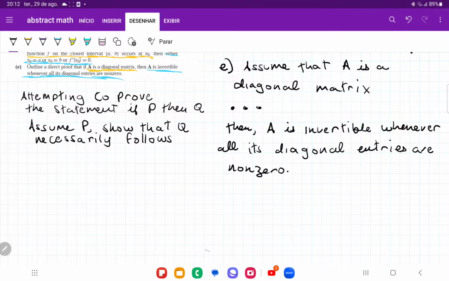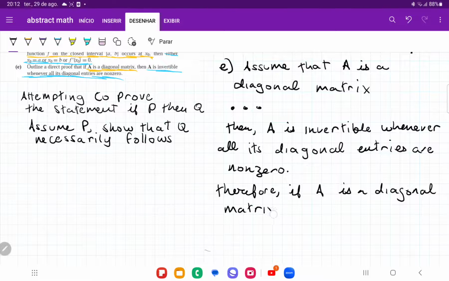Okay, so we've assumed P, shown that Q necessarily follows, and so our conclusion would be, therefore, if A is a diagonal matrix, then A is invertible whenever all its diagonal entries are non-zero.